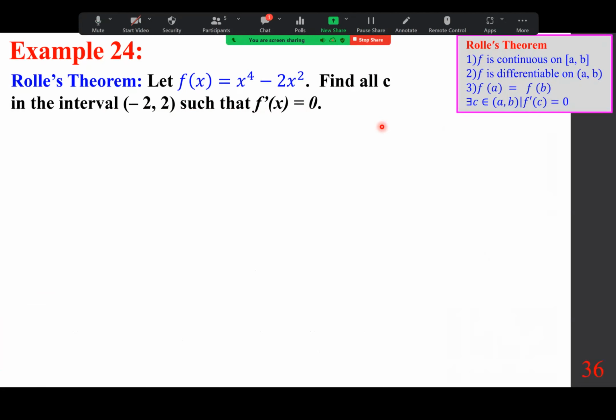So number one, notice f is a polynomial function, a polynomial of degree 4.